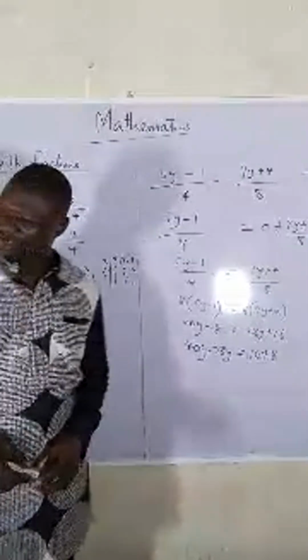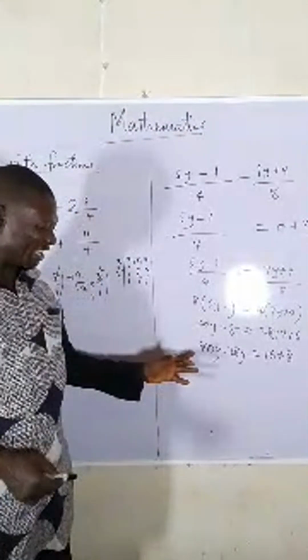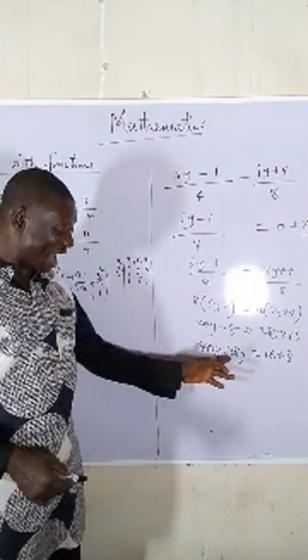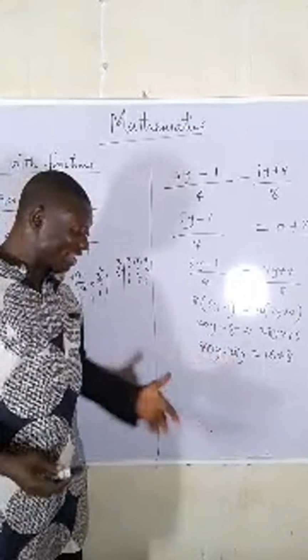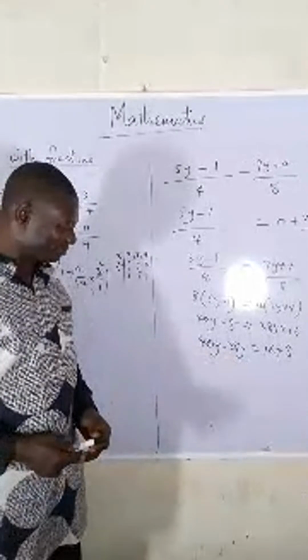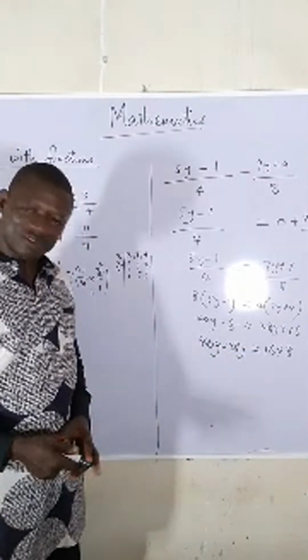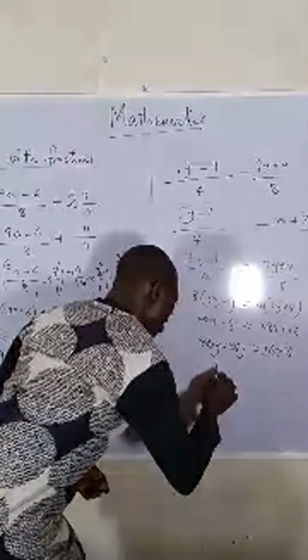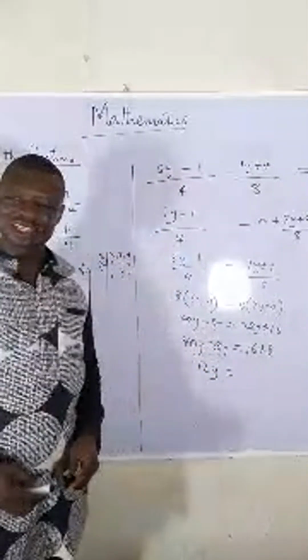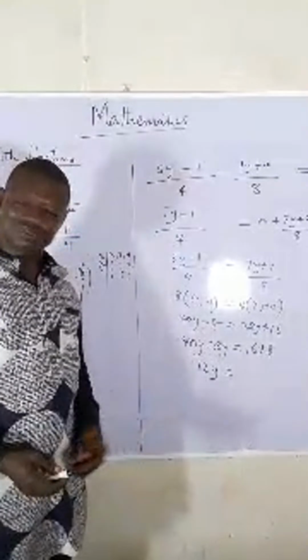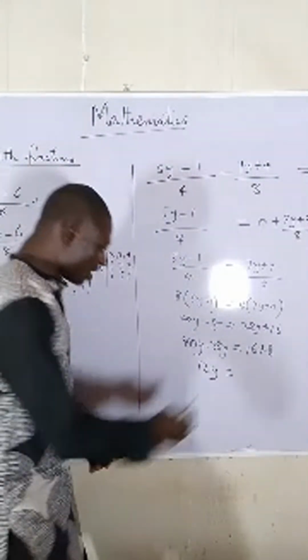I think this is going to be a little bit difficult for you to answer. 40 minus 30 will be 10, but it's not up to 30, so 40 minus 28 will give you what? It will give you 12. So this is going to give us 12y is equal to 16 plus 8, which will give you 24.